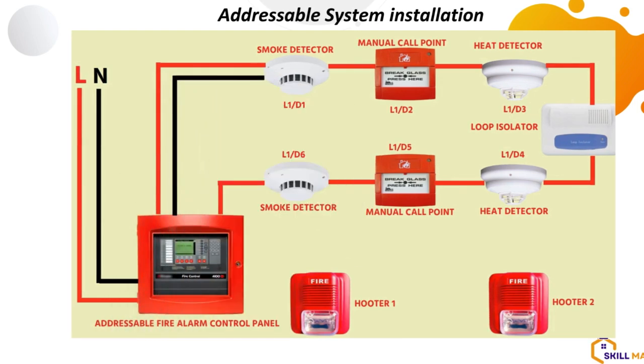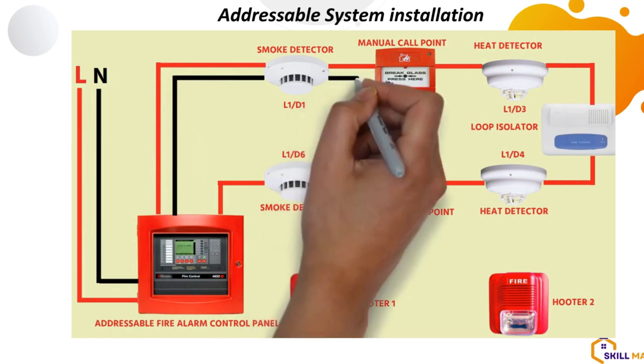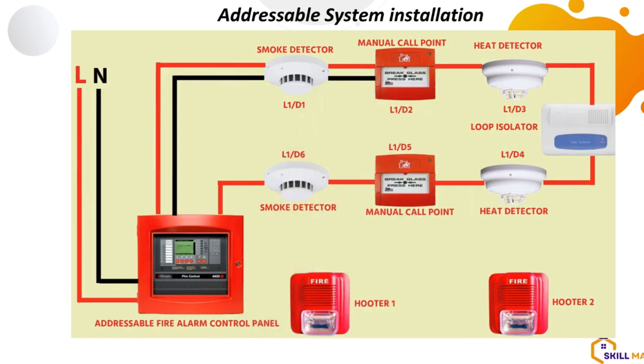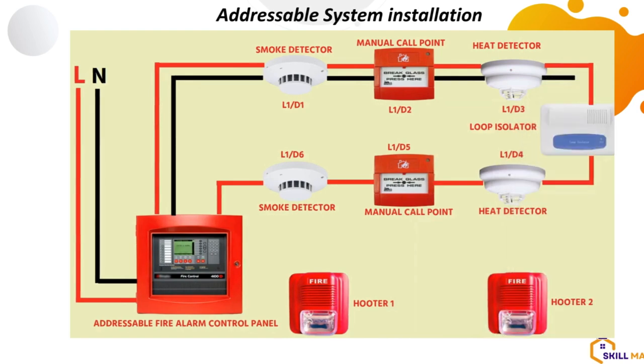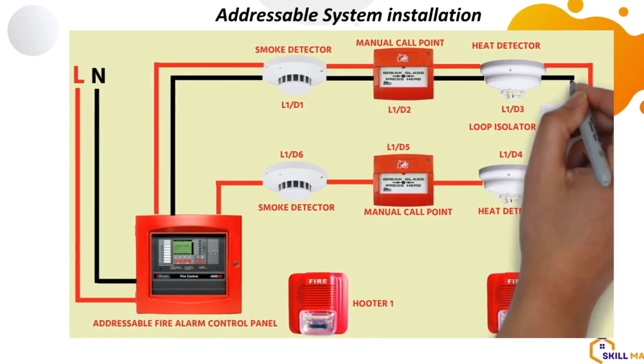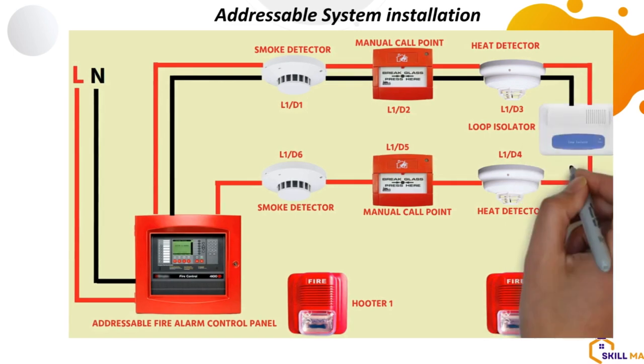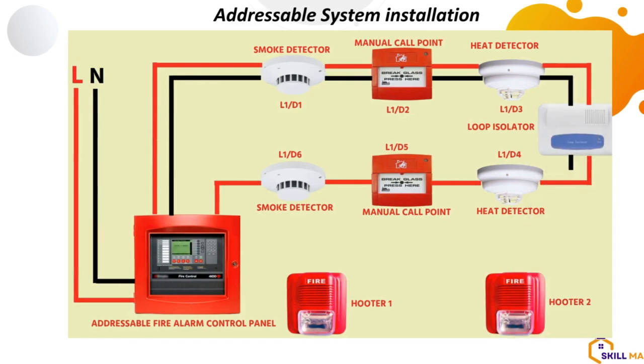For instance, if the first smoke detector now has a problem or has a bad current or issue, it will not affect the others. So the loop isolator is the one that is responsible for ensuring that it isolates any bad equipment or devices on the loop for the addressable.